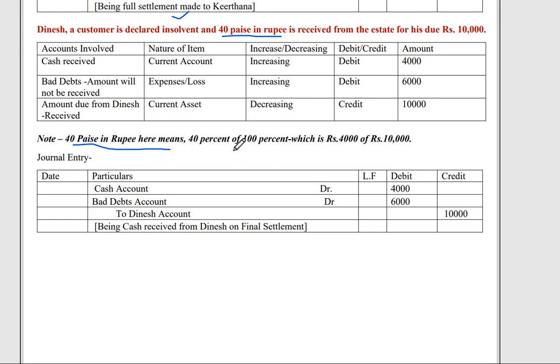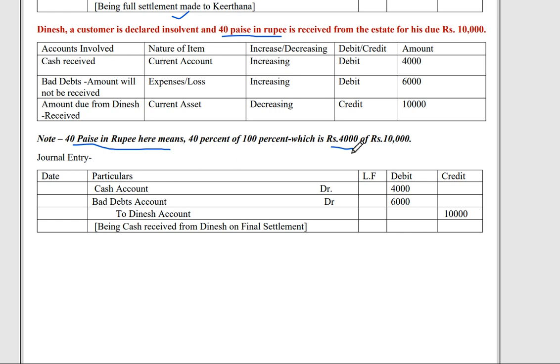If he has to pay us 100 rupees, out of that 40 rupees is recovered. Out of 10,000 rupees, 4,000 rupees, that is 40% of 10,000, is received from the estate of Dinesh. But still 6,000 rupees is not received.